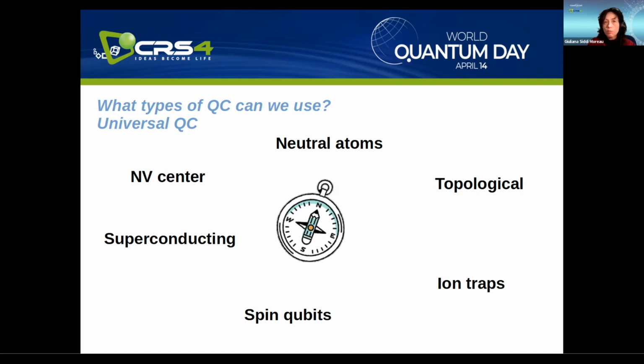For ion traps and neutral atoms, we are utilizing atomic states. Superconducting qubits are based on electrical circuits, such as nonlinear oscillators that behave like atoms. There are other qubit modalities, such as topological qubits, that are currently under study. But we cannot see any accessible hardware to test them.